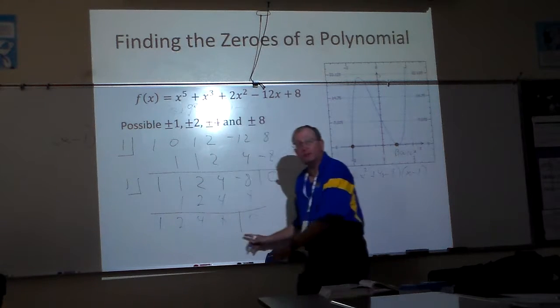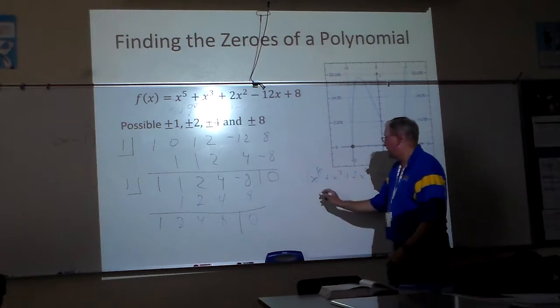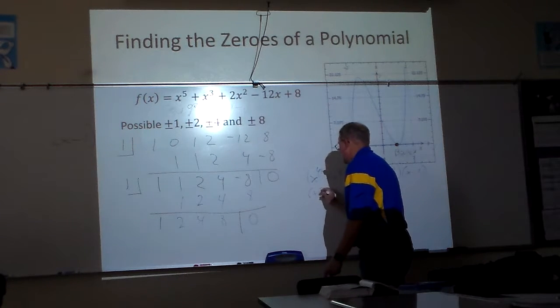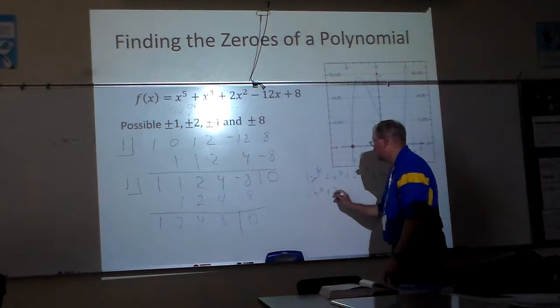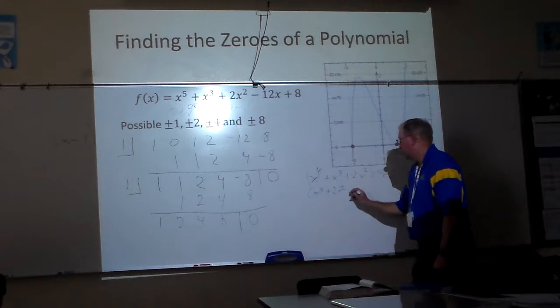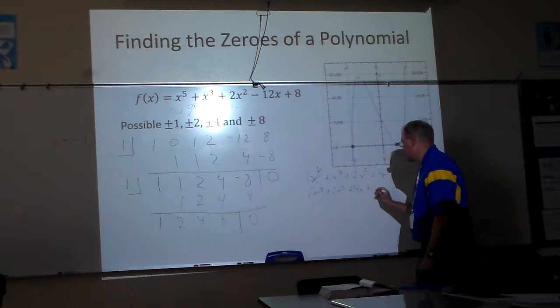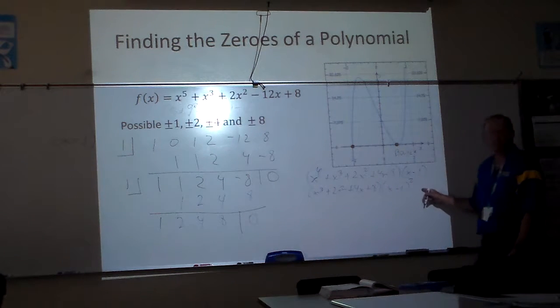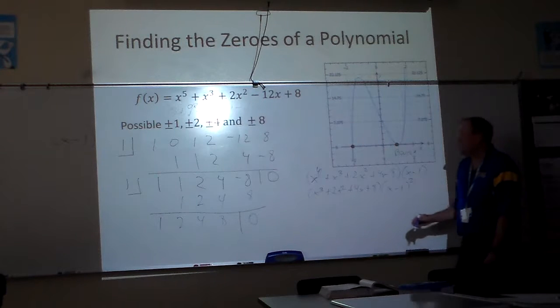So it did factor. So now I know I have 1x cubed plus 2x squared plus 4x plus 8 times x minus 1, not once, but twice. And here's where it's nice.